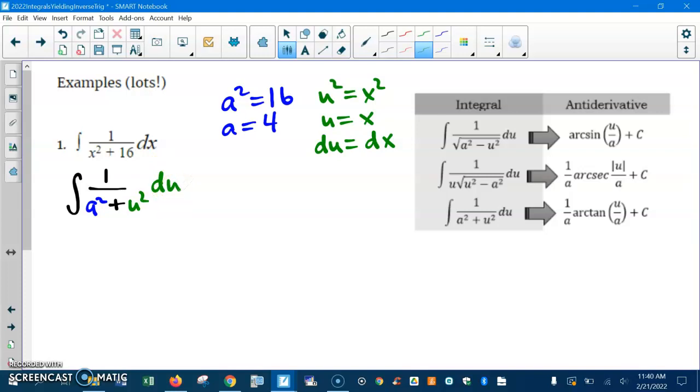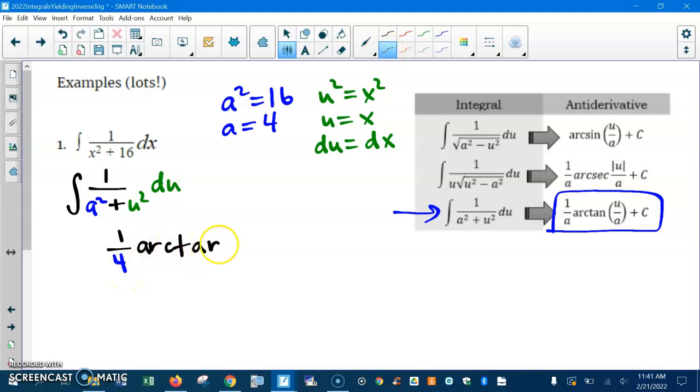So if I look over at my little chart here, I see that that looks like the form on the 3rd row here that will turn into an antiderivative with an inverse tangent. So that's going to turn into 1 over a, which in our case is 1 over 4, times the inverse tangent, or the arctangent, of u over a, u being x, and a, again, being 4, plus c.